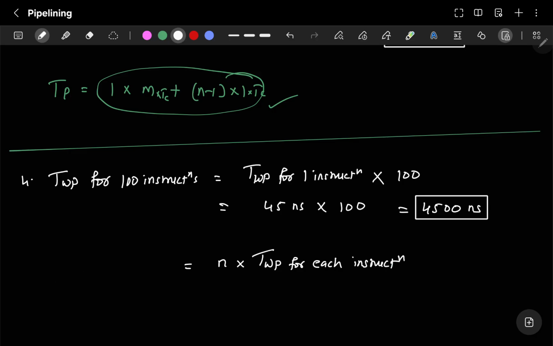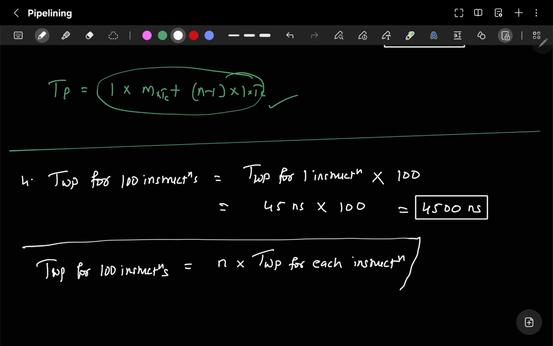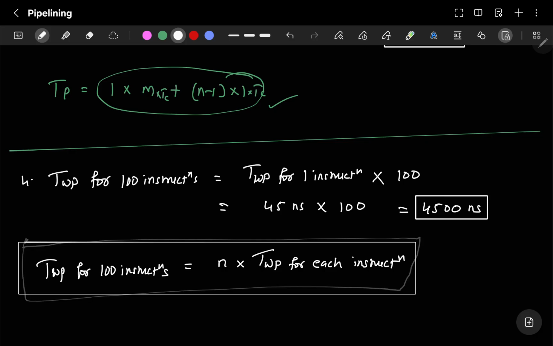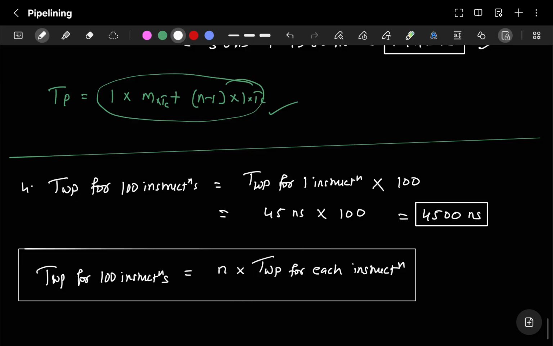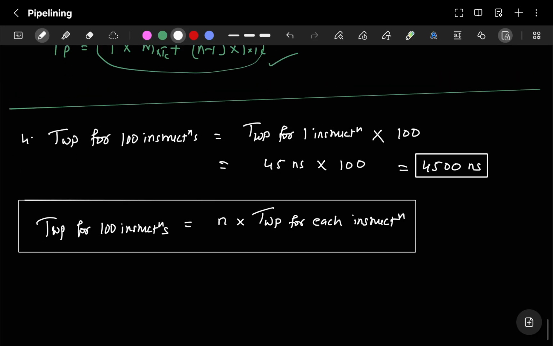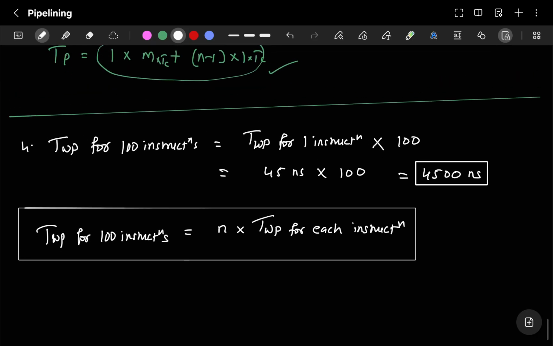That would be the time taken for 100 instructions. Okay, this is how we solve the problem. I think you understood, right?